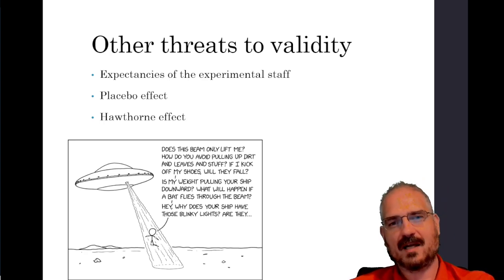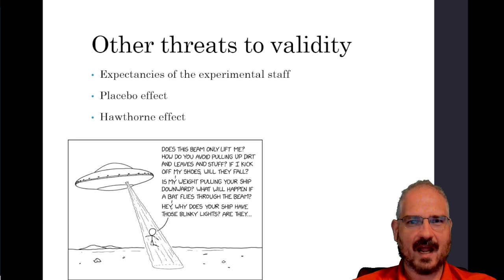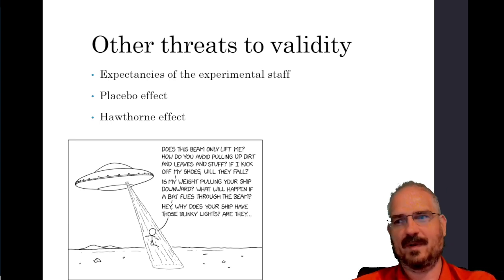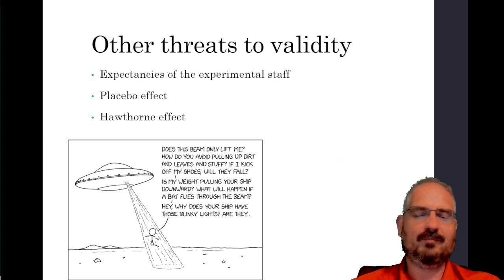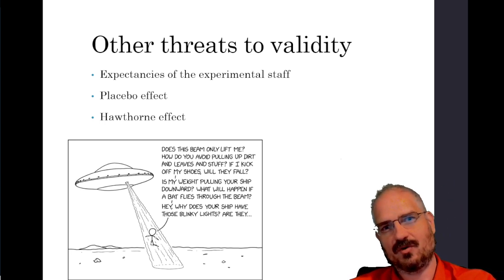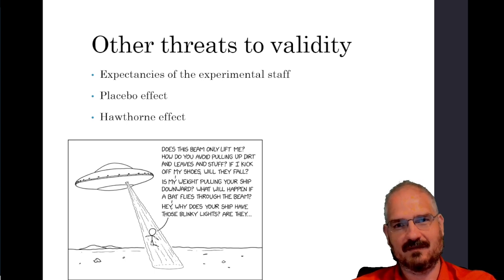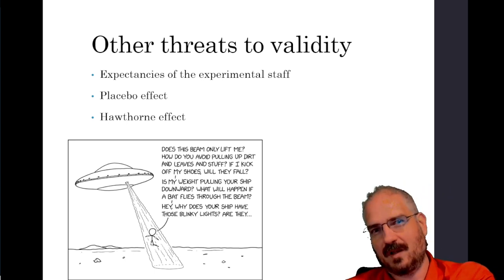So if I'm doing a medical trial and I know you're in the experimental group and I know this person's in the control group, when I do your medical tests, I might subconsciously round down your blood pressure numbers. Whereas if you're in the control group, I might subconsciously expect you to be worse, so I'm going to subconsciously round up your blood pressure numbers.